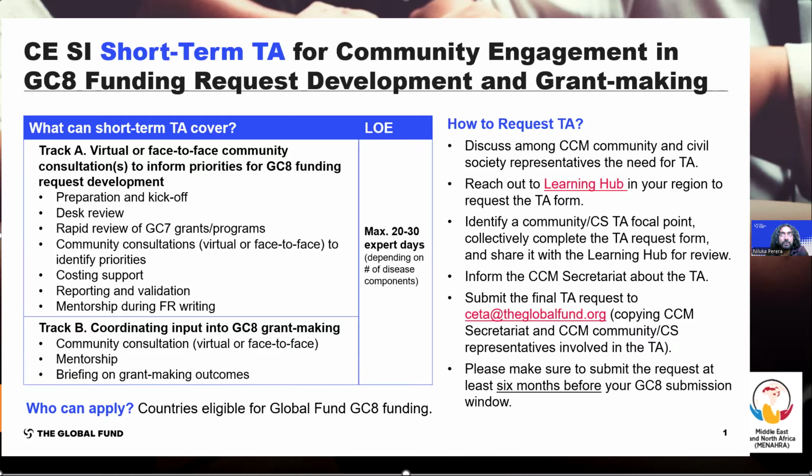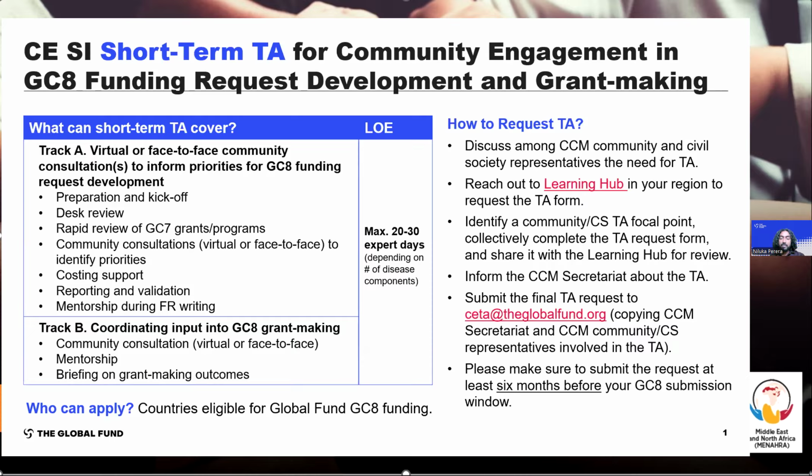Let me start with the first 2 channels of support available, the short-term technical assistance and rapid engagement support. The short-term technical assistance is provided to community-led organizations to deliver well-coordinated TA to support community engagement in the country dialogue process, including in funding request development and in grant making.